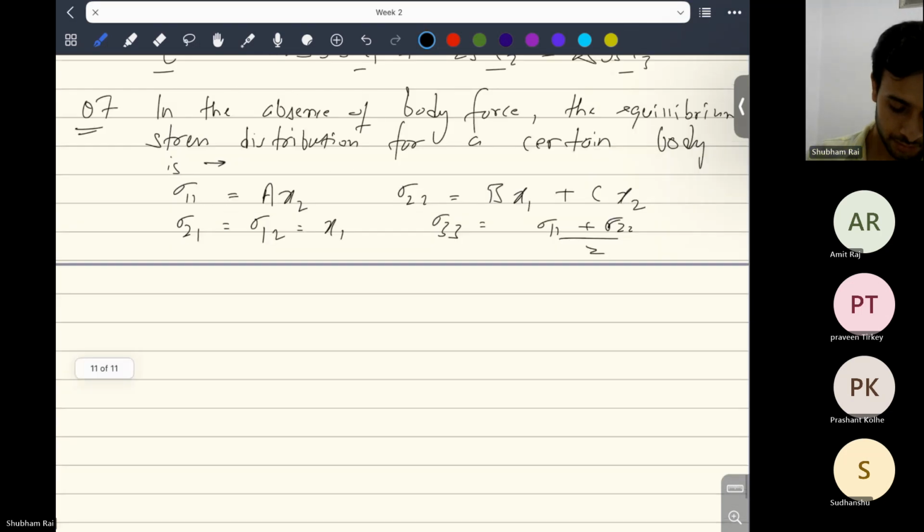A, B, and C are constants, and x1 and x2 are coordinates. Okay, so all other sigma ij are 0.